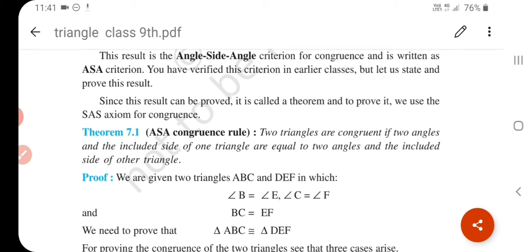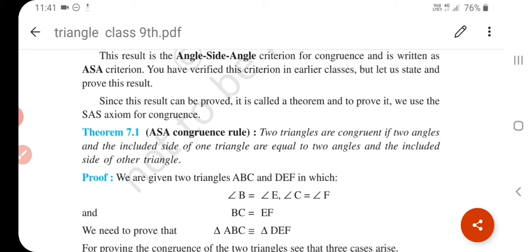So two triangles are congruent if any two angles and one pair of corresponding sides are equal, and it is called the AAS congruence rule. Okay, understand? So this rule also holds for congruency of two triangles.